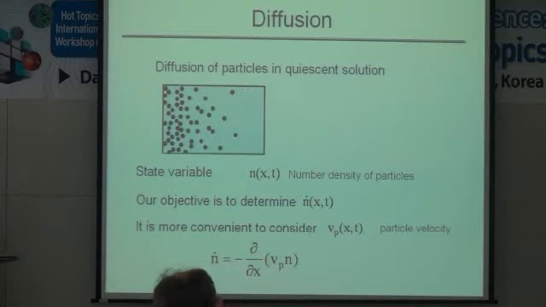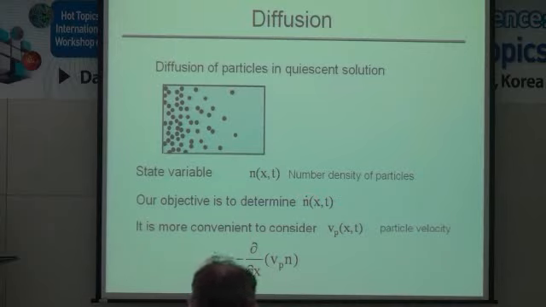But here I am going to describe the non-equilibrium state in terms of the number density of particles. n(x,t) stands for the number of particles at position x. Our objective is to determine the time evolution of these number densities. So the non-equilibrium state is specified by this function n(x,t), and our objective is to determine the time evolution of these state variables, n dot.